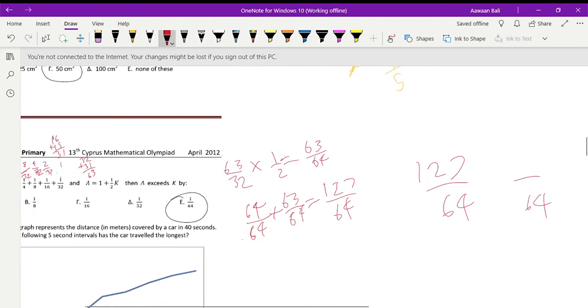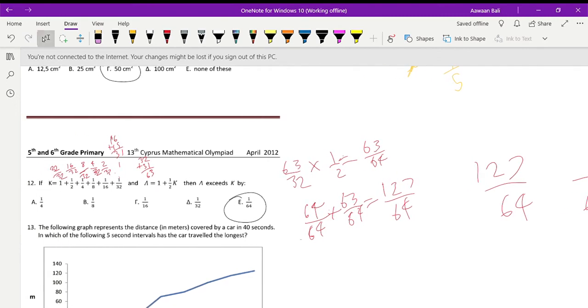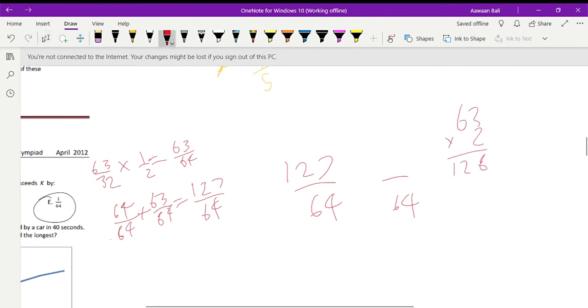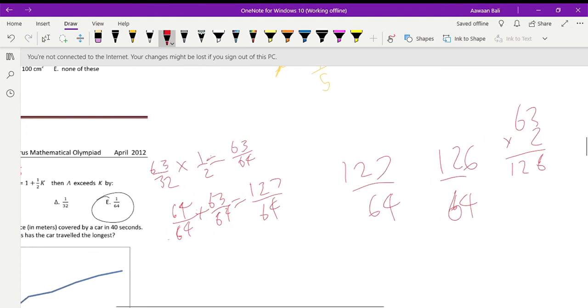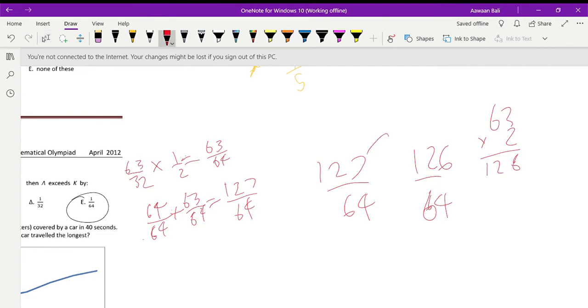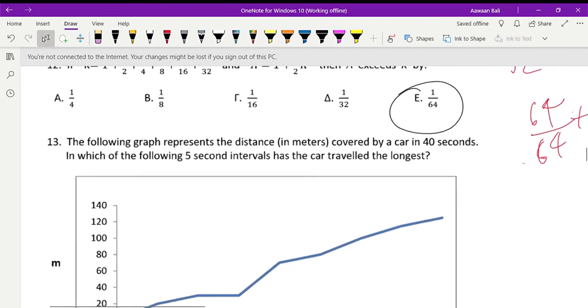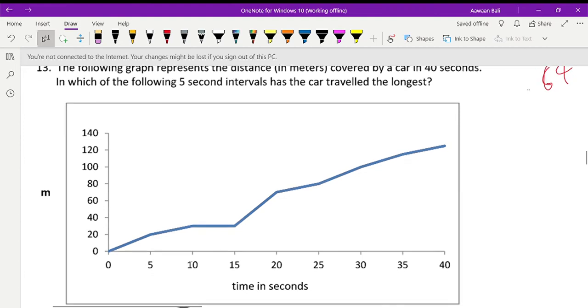So 32 times 63 times 2 is 126. So 126 upon 64. If you notice that this one is bigger by 1 upon 64, then you would directly find your answer. L exceeds K by 1 upon 64, eta. So that's the answer.